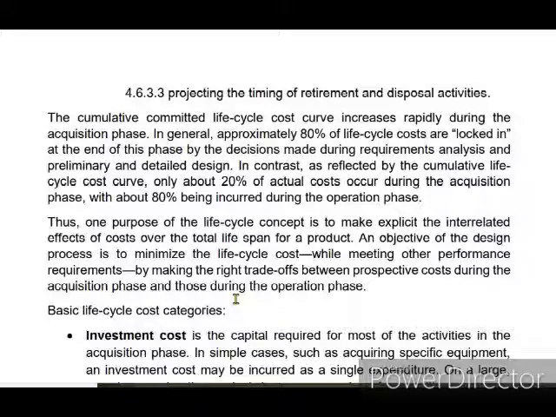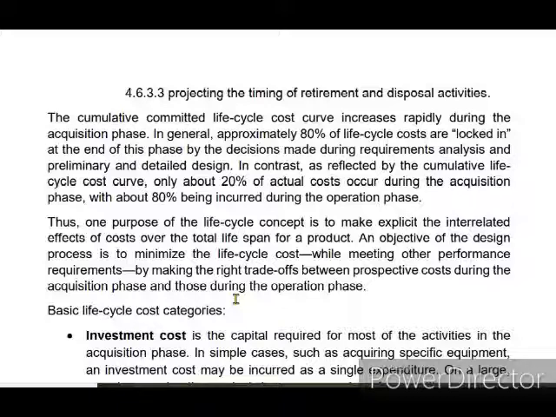Okay, so next, thus one purpose of life cycle concept is to make explicit the interrelated effects of cost over the total lifespan of a product.